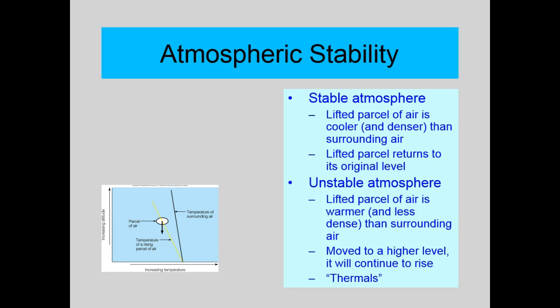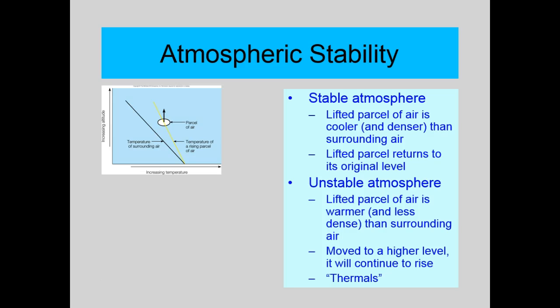It's happy where it is. Its rising is like this. That's cooler than the surrounding air. So it's just going to move right up that gradient. Surrounding air here, no problem. Stable situation. Generally not going to have much storm in that situation. Okay?